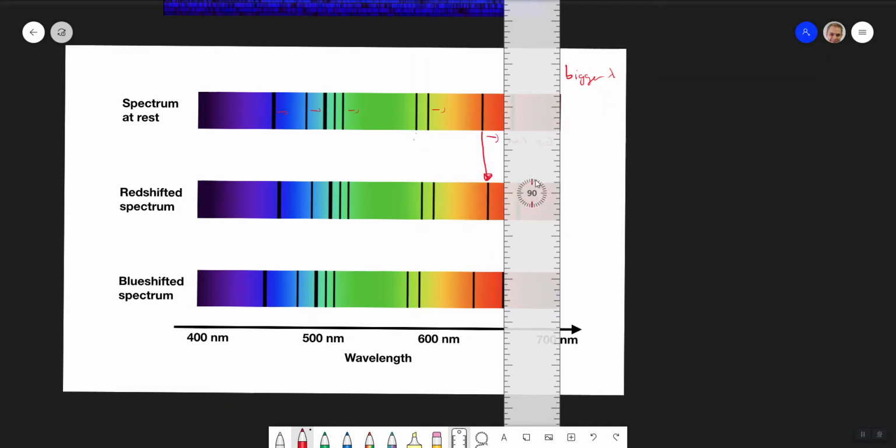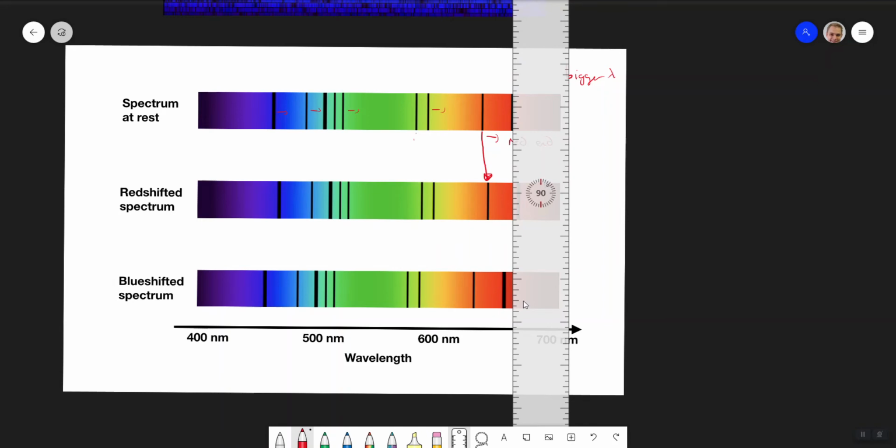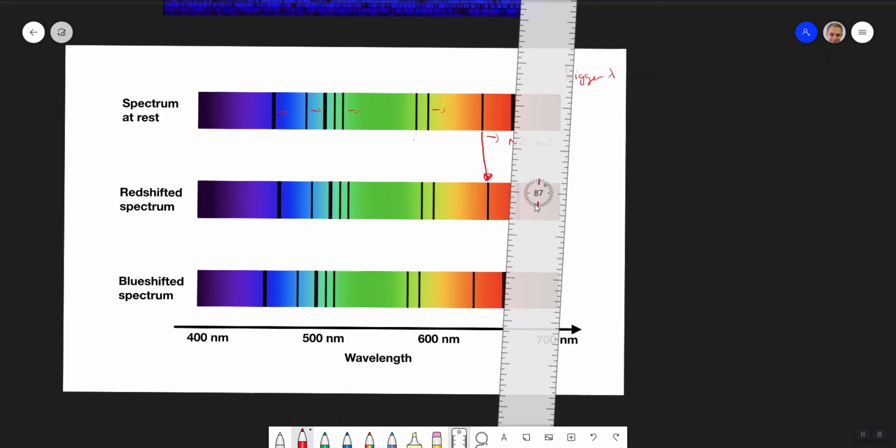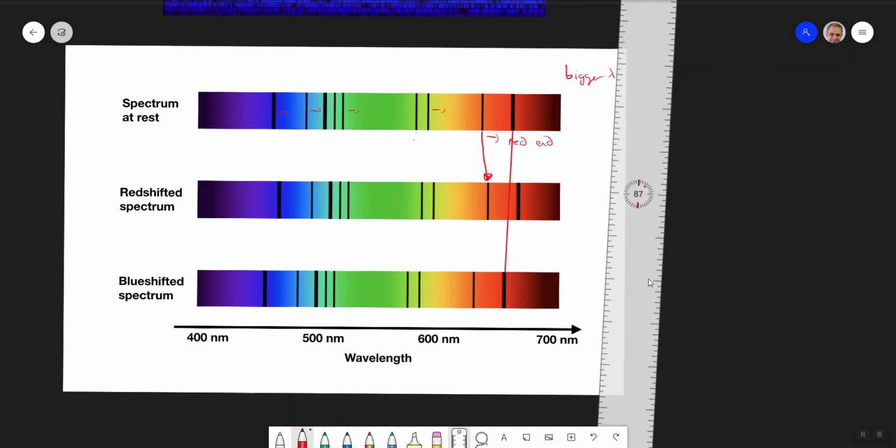Or if we were looking at this one here, the matching line is now down here. So our line has essentially moved in this direction to there. It's a subtle movement, but that has definitely moved in that direction.